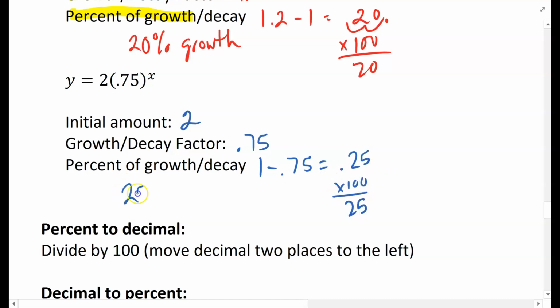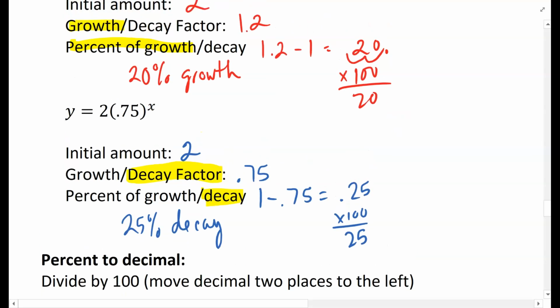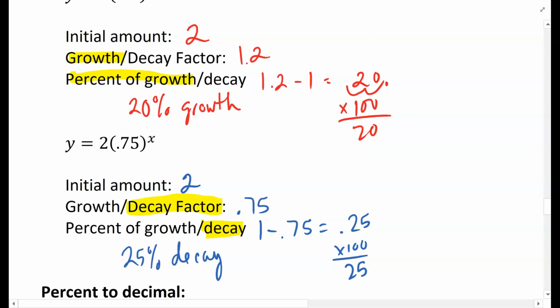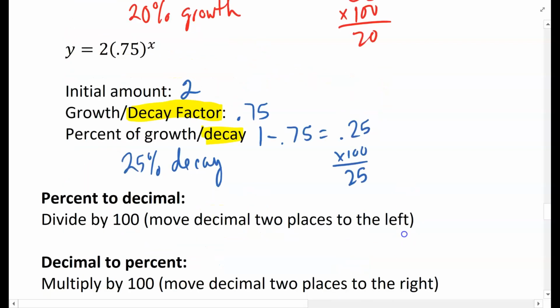So that means we have 25% decay. Okay, so they align with each other. If it's decay here, then it's a decay factor. If it's a decay factor, then you're going to have a decay for your percent of growth or decay. And this will become even more important when we look at some word problems, because they're going to ask for not necessarily the growth factor, but they'll be asking for the percent of growth or decay.